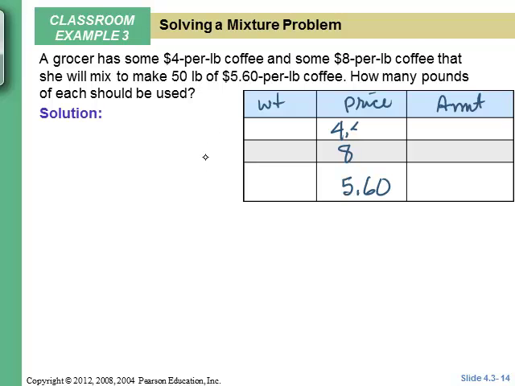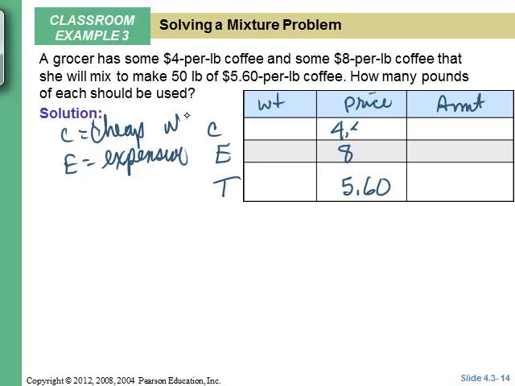This is the cheap coffee, the expensive coffee, the total coffee. C is cheap, E is expensive. The cheap weight and the expensive weight, because we already know the price. So this is C, this is E, and we want to make 50 pounds.